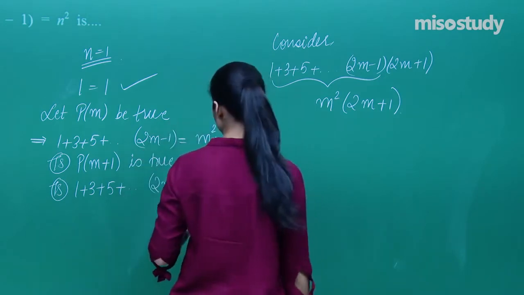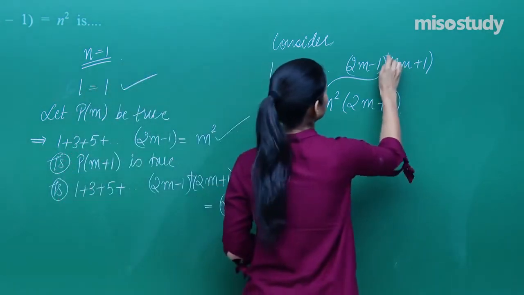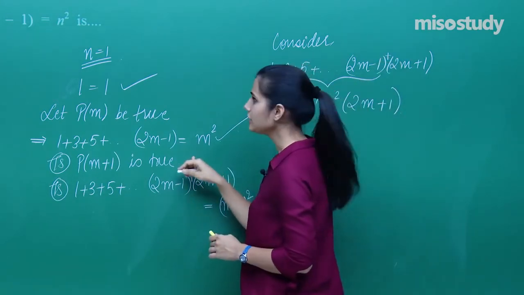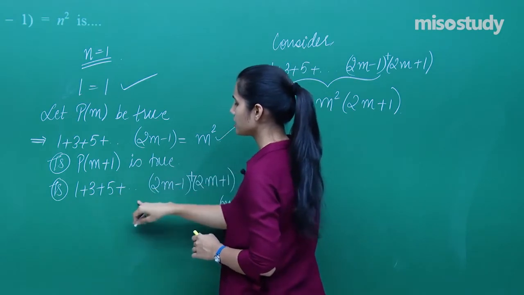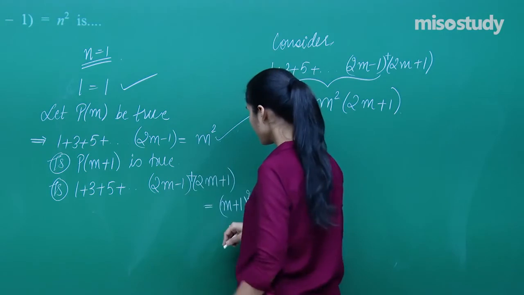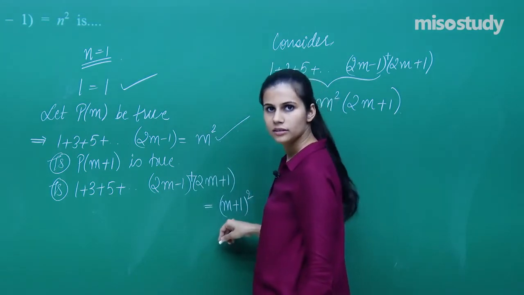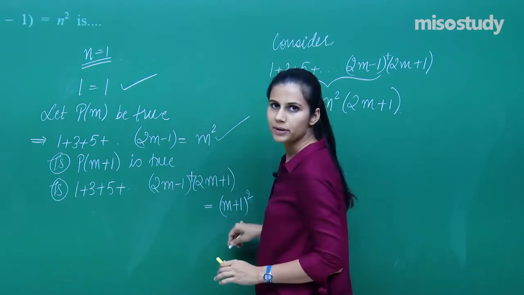This is plus actually over here. Right? Everything is with a plus sign. So when you replace m by m plus 1, you basically get 1 plus 3 plus 5 plus 2m minus 1 plus 2m plus 1. And this is equal to replace m by m plus 1 in m square, which gives m plus 1 whole square.